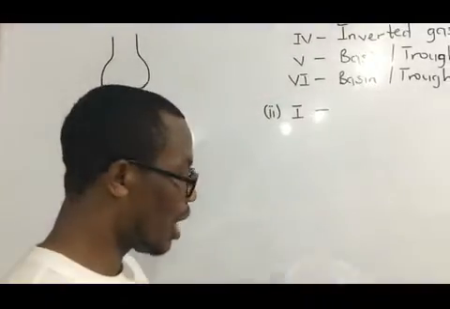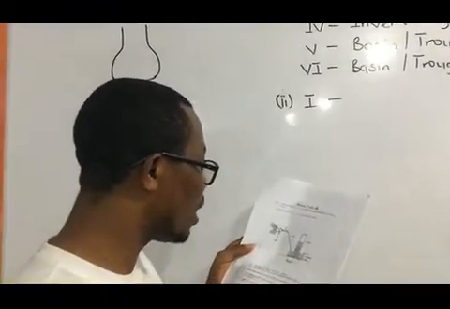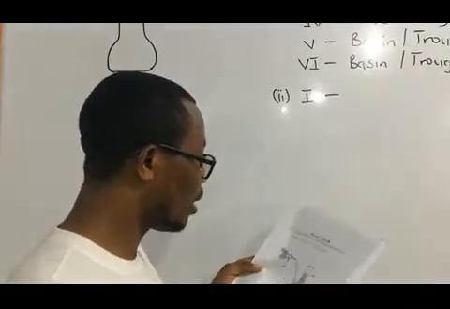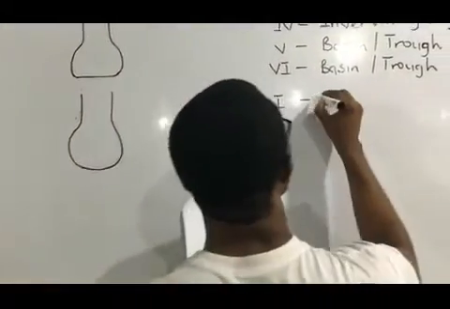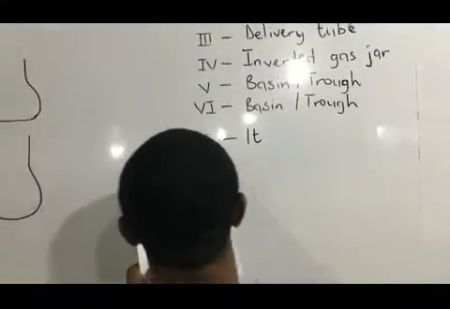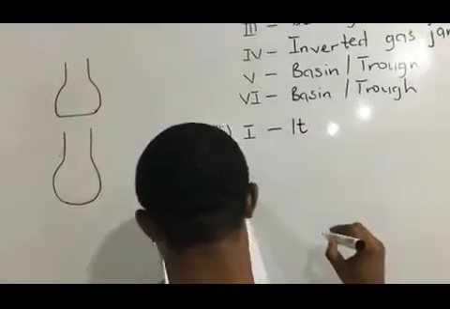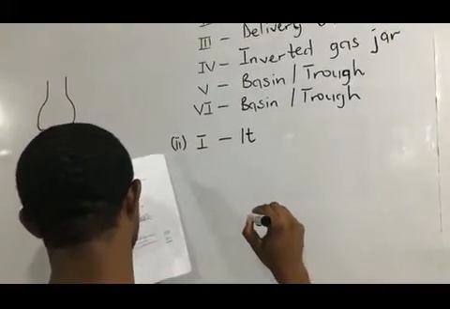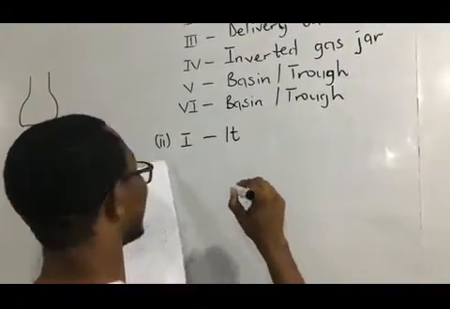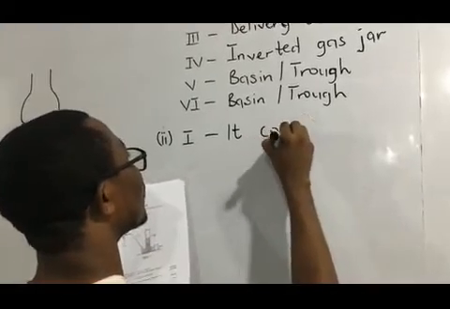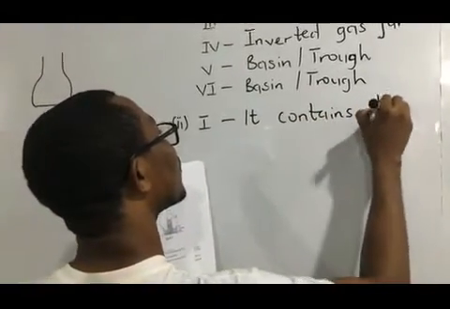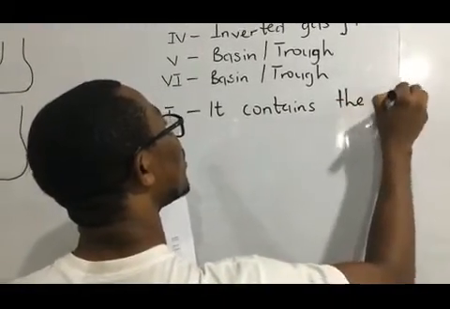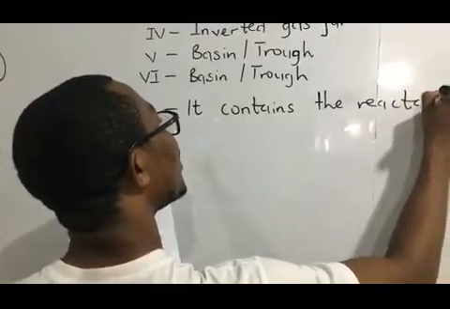The reactants are calcium hydroxide and ammonium chloride, though it is written as ammonia chloride. So it is used to contain the reactants.